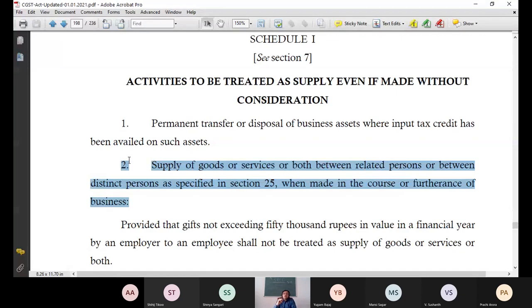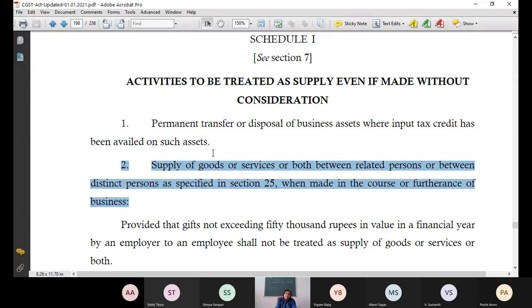When made in the course or furtherance of business, it is also supply. Now if you remember the heading of schedule 1, it says it can be even without consideration. If consideration is involved, we have no issue. Even if no consideration, we have no issue. It has to be treated as supply. Whether business involvement is there or not is not written in the heading of schedule 1, so it depends upon each and every point.